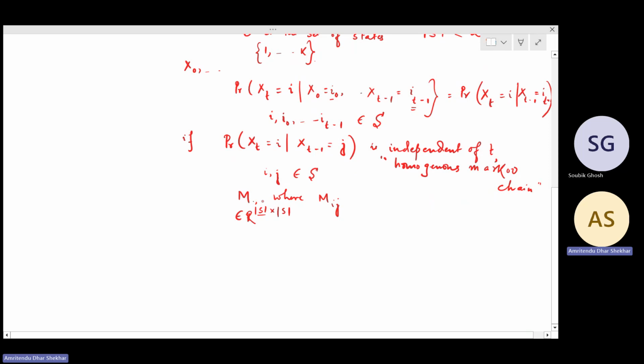Mod S is the number of elements in the state space. So M is a matrix of size S cross S.